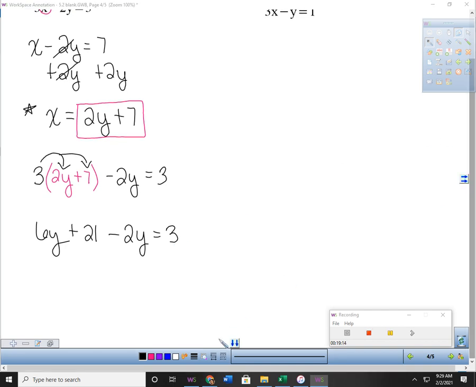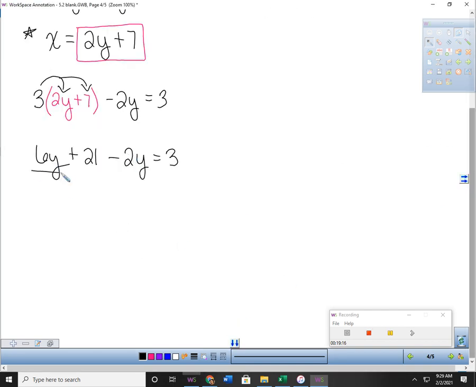Now notice, my y's are on the same side, so I'm just going to put them together. 6y and negative 2y add together to make 4y. Then I still have my plus 21 equals 3. And then I'm going to solve for y, so I subtract 21.